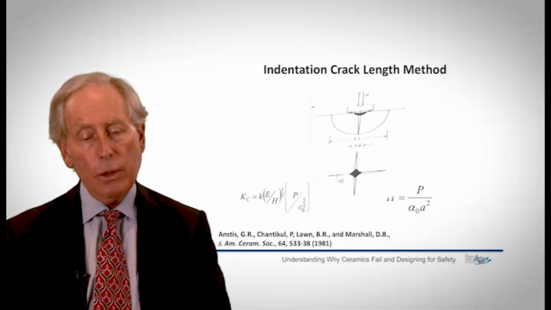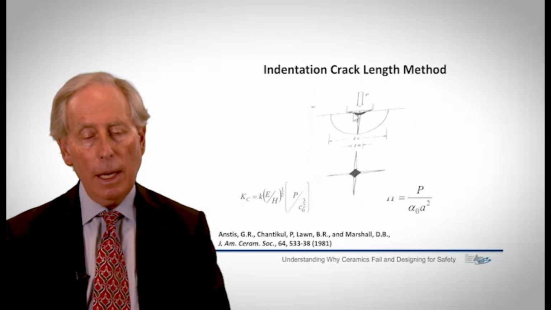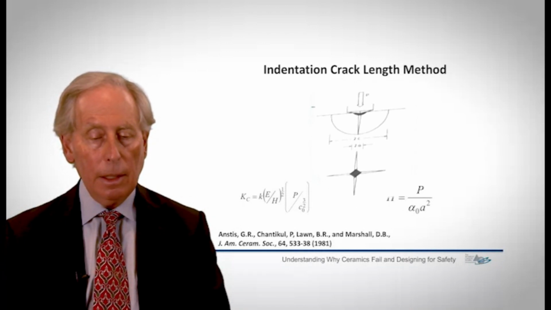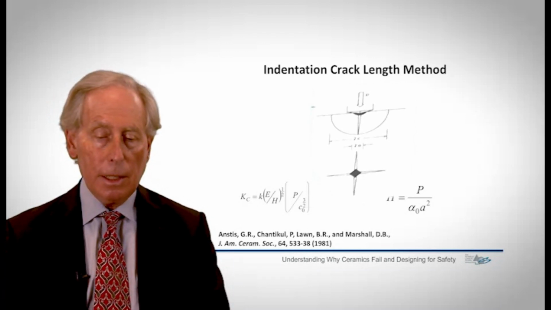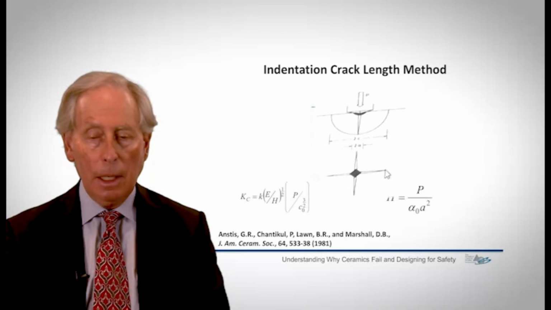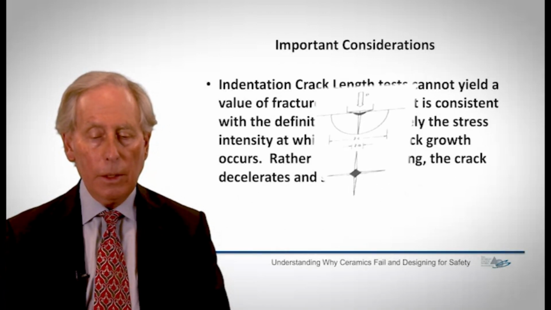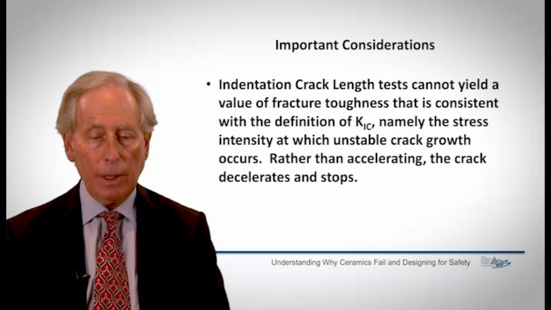One then measures the length of the cracks emanating from that indentation in this way, and one can calculate the stress intensity, the critical stress intensity, if you will, from an expression like this, where C is now the length of those cracks. But there are several important considerations you have to think about here.